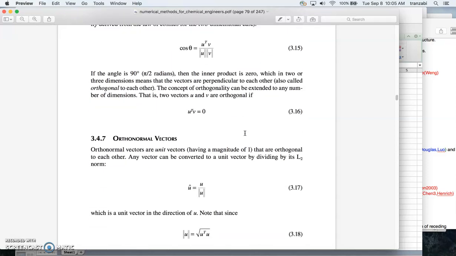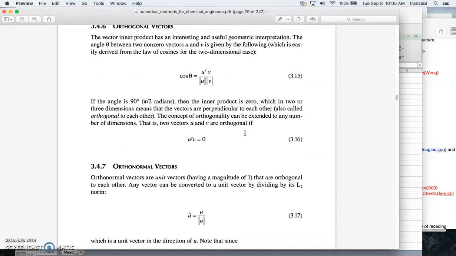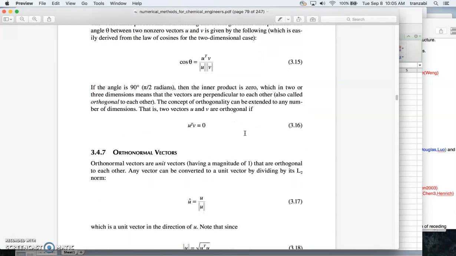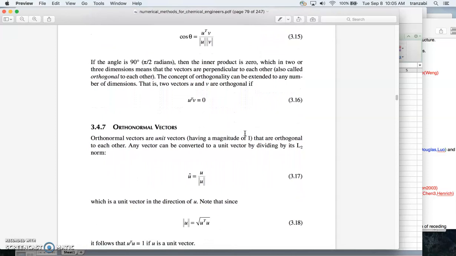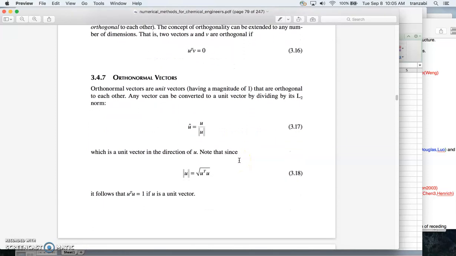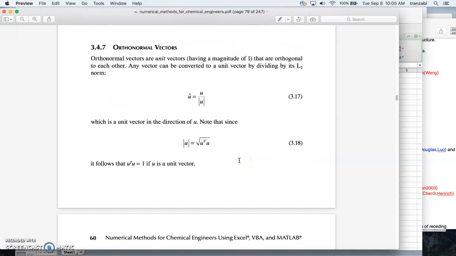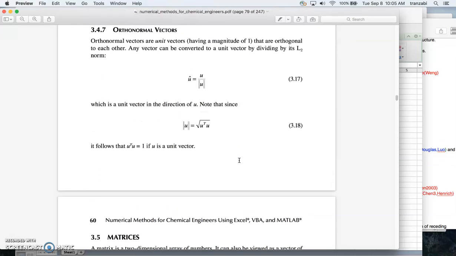We have orthonormal vectors, which are very close to orthogonal vectors. In orthonormal vectors, we have vectors like u such that u transpose times u is 1. This is called orthonormal. If a vector is orthonormal, it means the transpose of the vector times itself is 1.